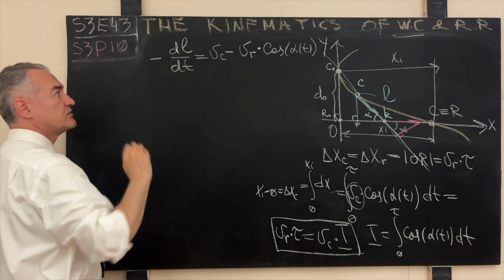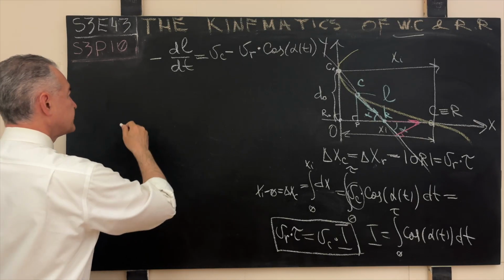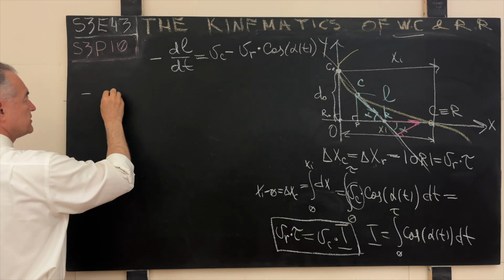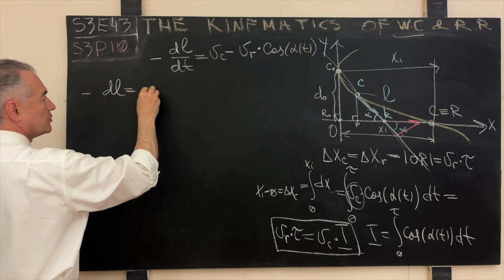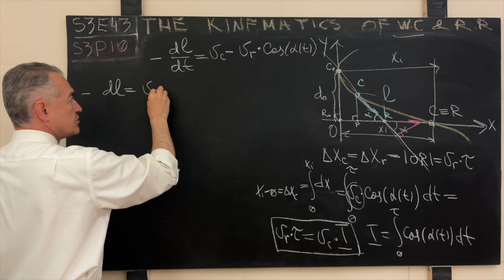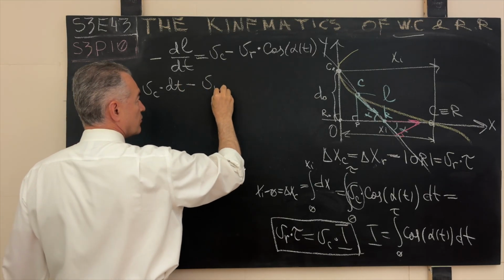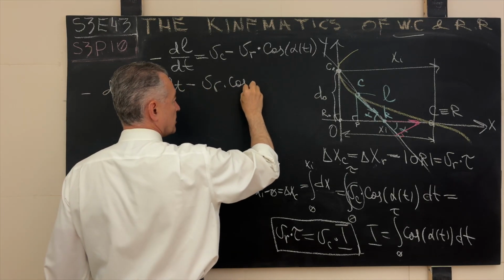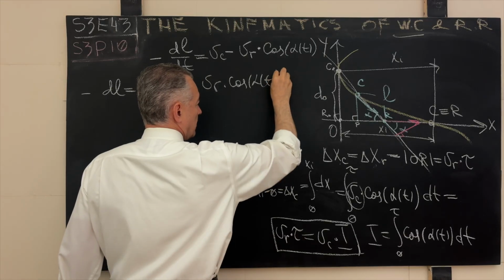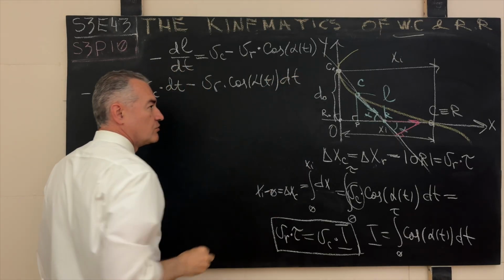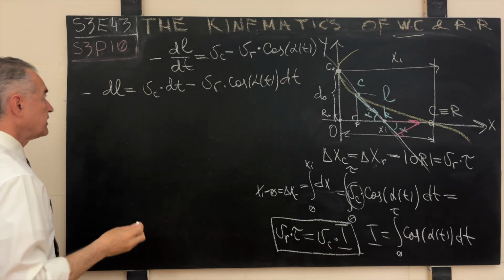Again, elementary differential equation. Let us separate the variables. Minus dl is equal to velocity of the chaser times dt minus velocity of the runner times cosine of alpha dt. What do you do next? Well, integrate.